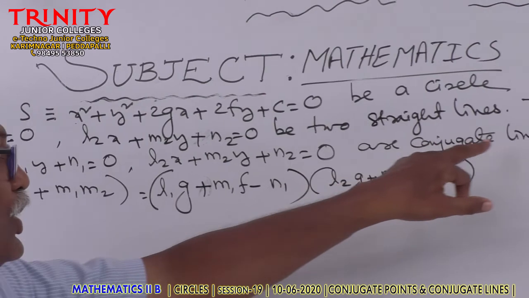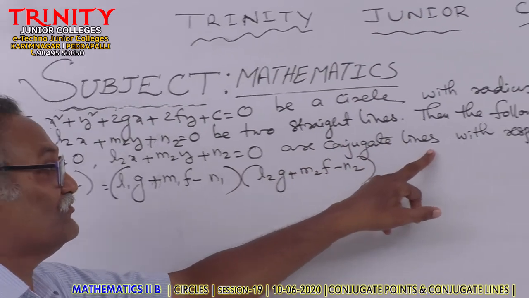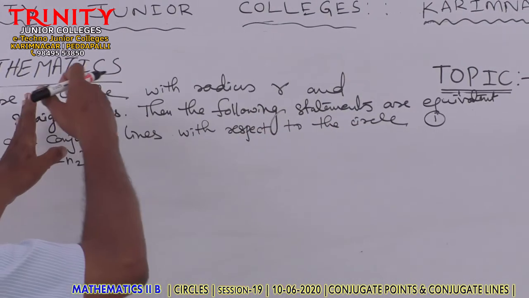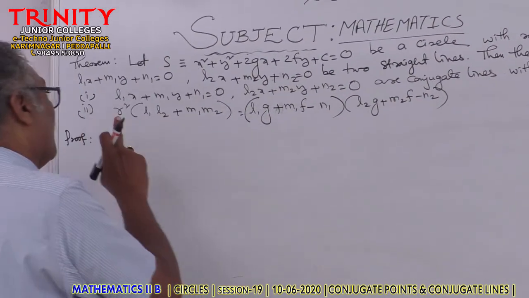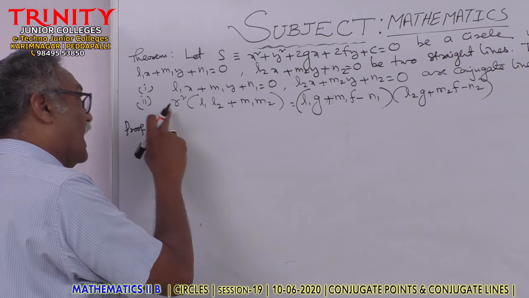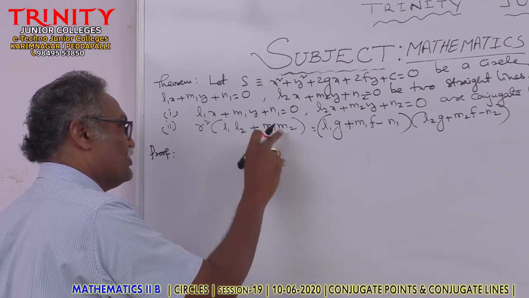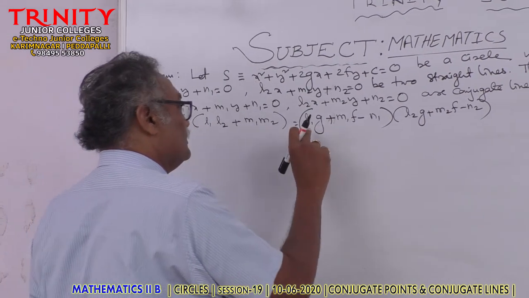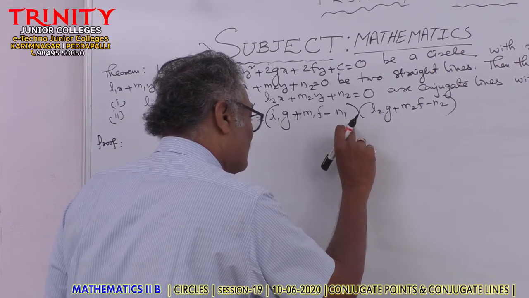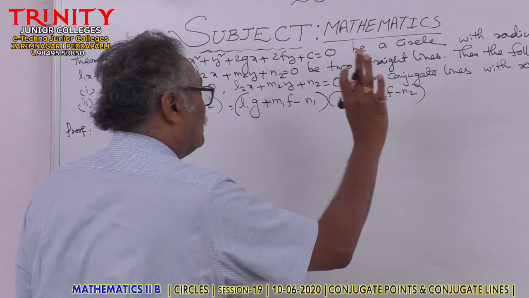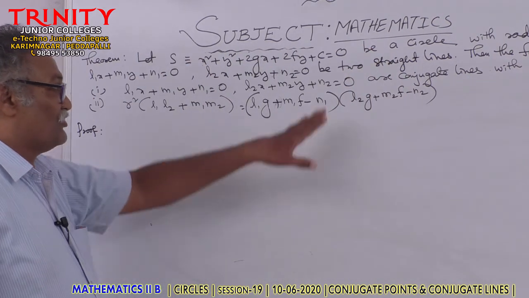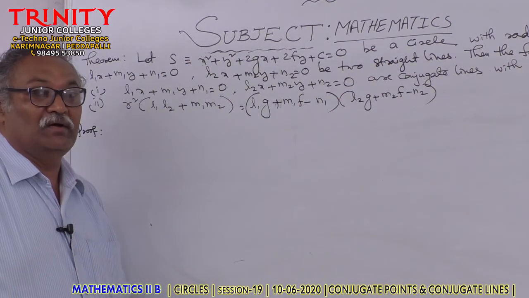Theorem: let it be a circle with radius R, and let these two be conjugate lines with respect to the given circle S equal to 0. R square into L1 L2 plus M1 M2 equals L1 g plus M1 f minus N1 into L2 g plus M2 f minus N2. These are equivalent.